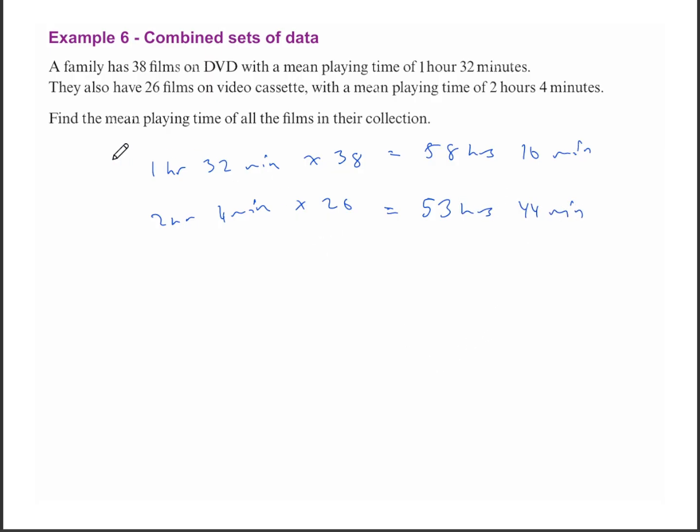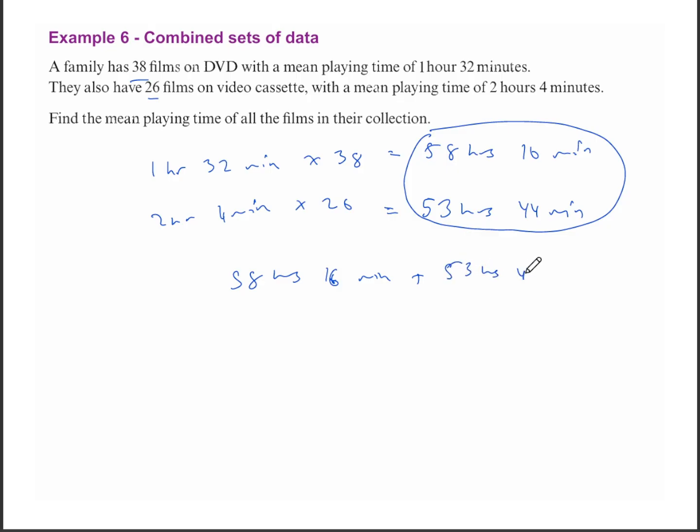And remember, in order to find the mean playing time of all the films, we'll take the total playing time, which is this added to this, divided by the total number of films, which is 38 plus 26. So we're going to have 58 hours, 16 minutes, plus 53 hours, 44 minutes, divided by 38 plus 26, which is going to be 64 films.